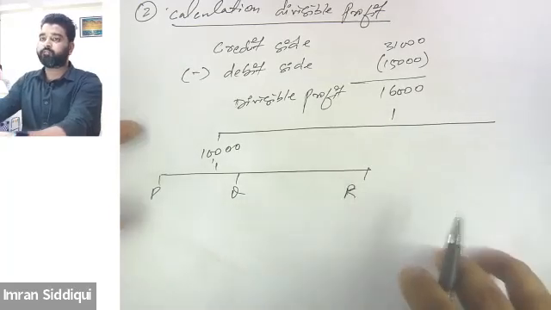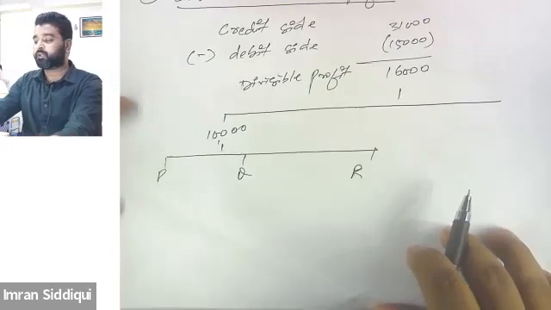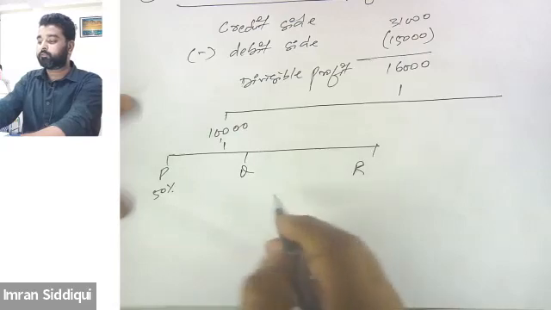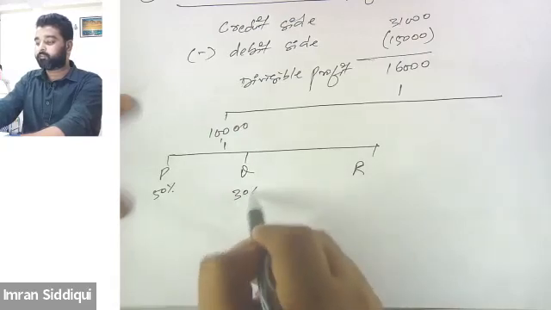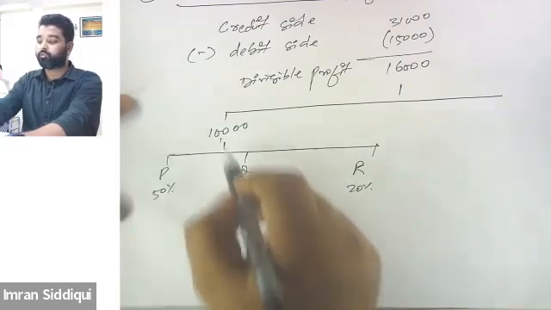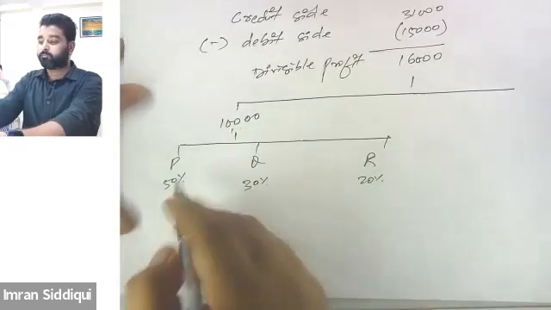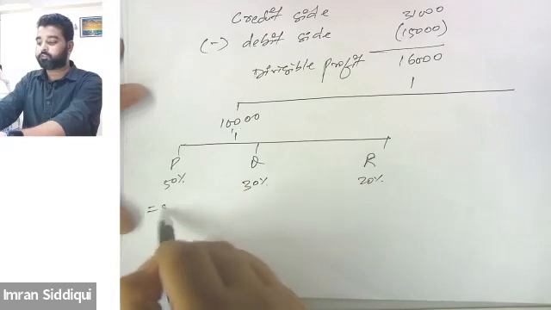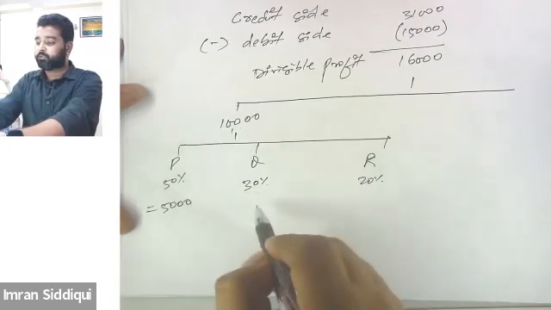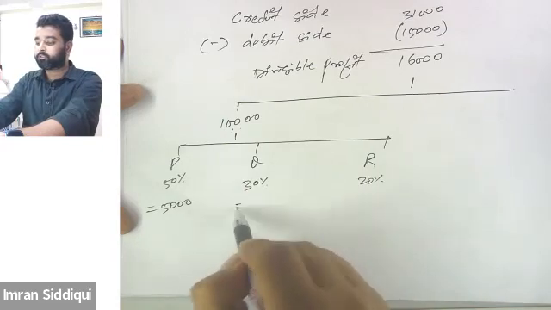The ratio of dividing 10,000 is already given. Out of 10,000, 50% will be given to P, 30% will be given to Q, and 20% will be taken by R. So out of 10,000, P's share will be how much? It will be 5,000. Is that right? And Q's share, 30% of 10,000, will be 3,000.